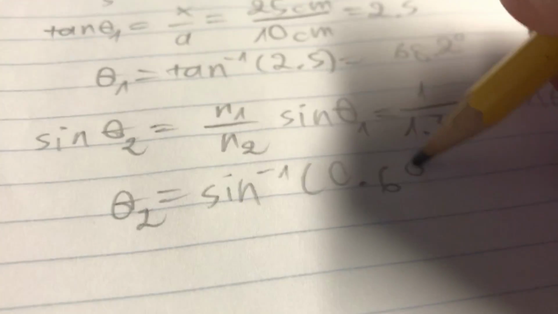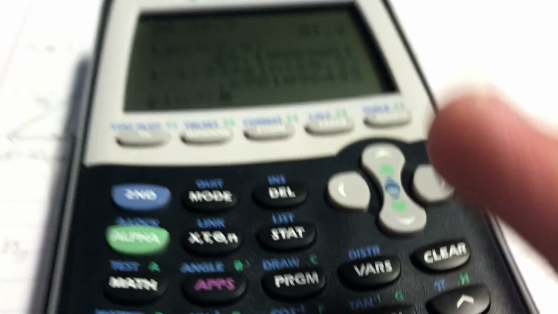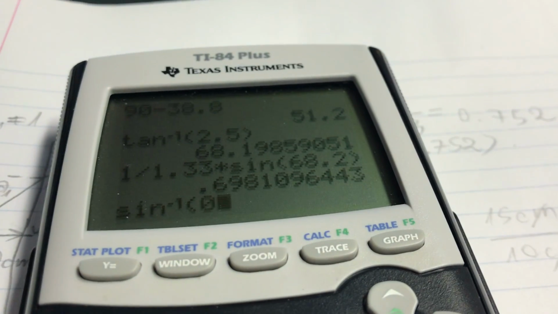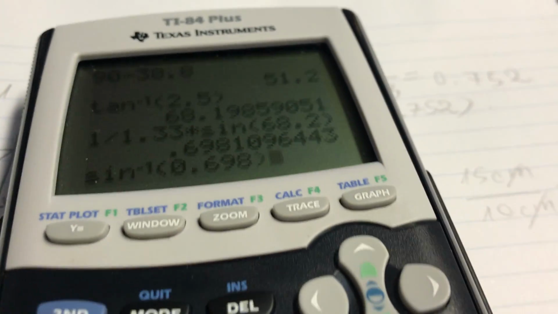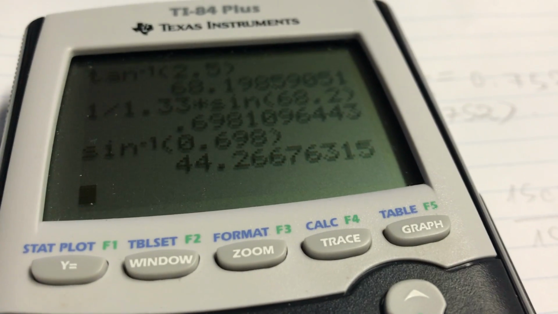Therefore theta 2 will be equal to inverse sine of 0.698, and that is 44.3 degrees.